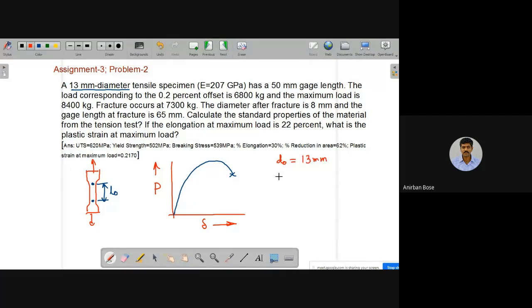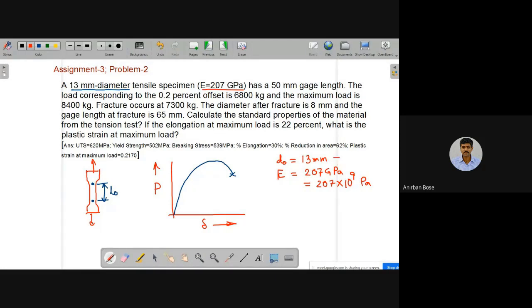Then it is given that the material has a modulus of elasticity of 207 gigapascal. And you know that gigapascal is 10 to the power 9. Megapascal is 10 to the power 6 and gigapascal is 10 to the power 9.